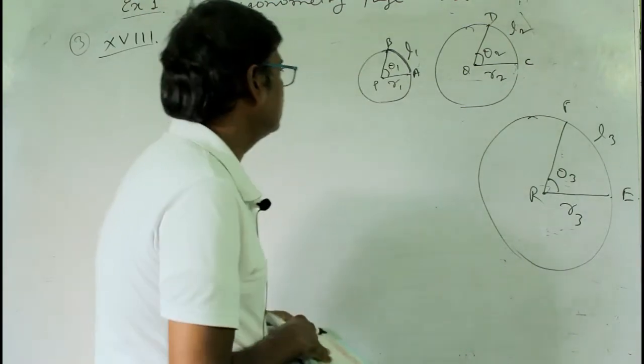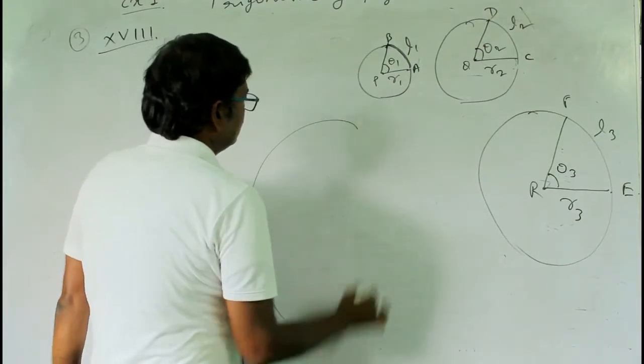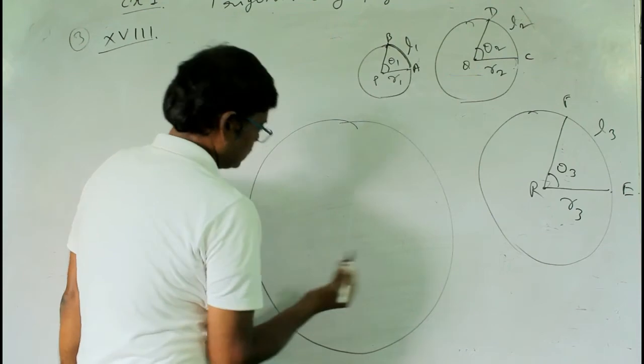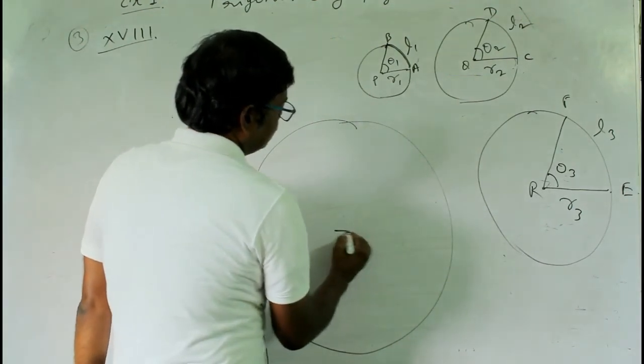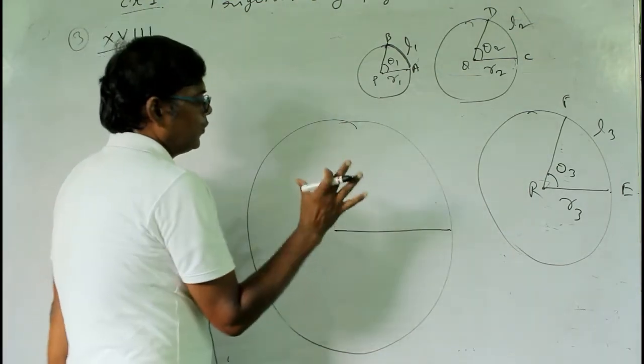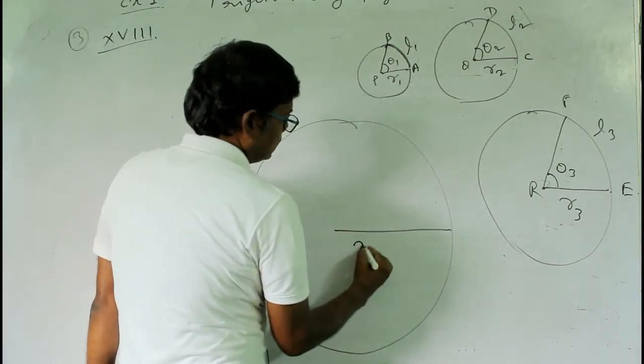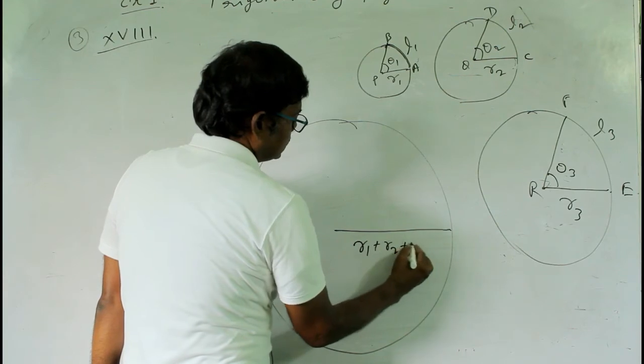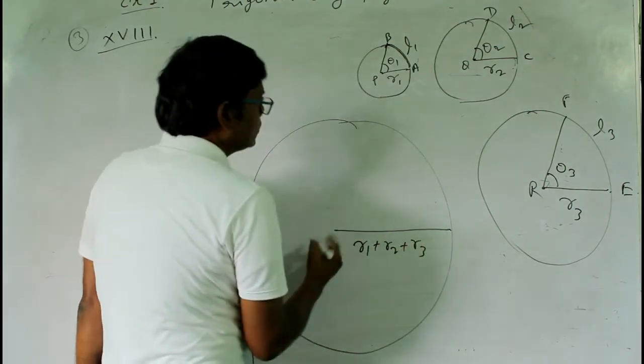Now suppose you have another circle like this, a fourth circle, and the radius of this fourth circle is R1 plus R2 plus R3. Suppose this is PQRS.